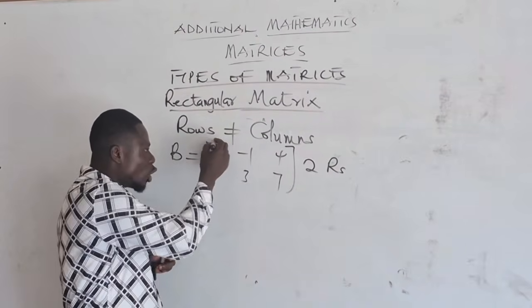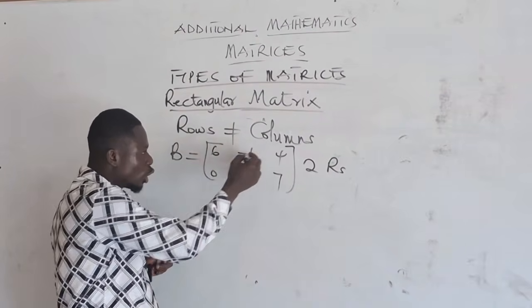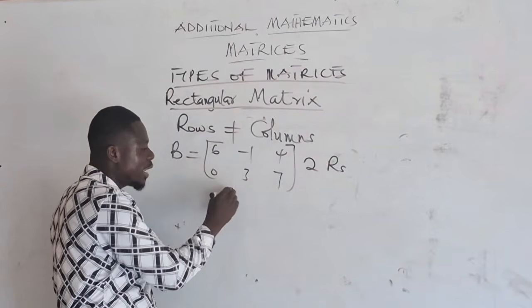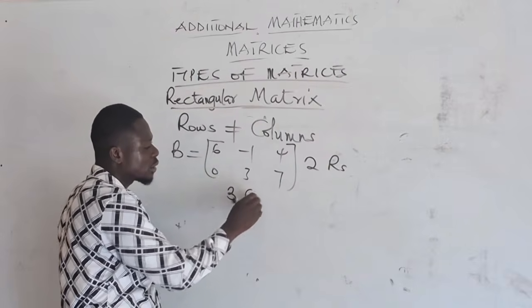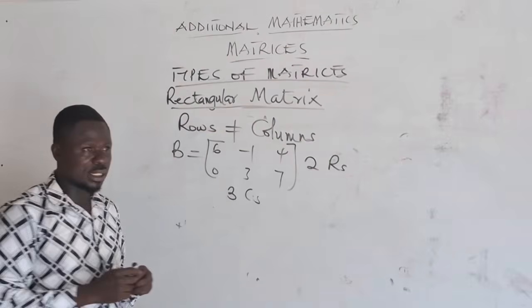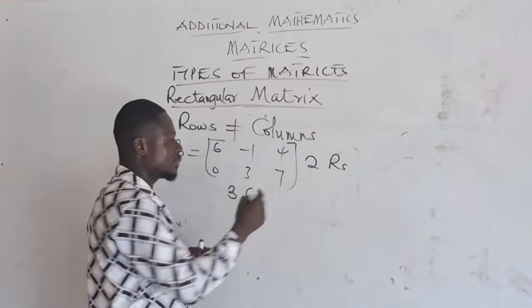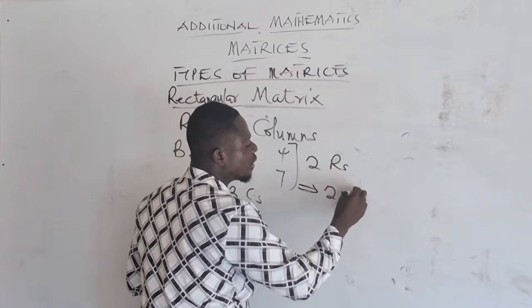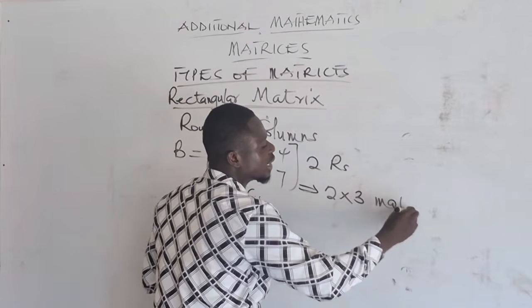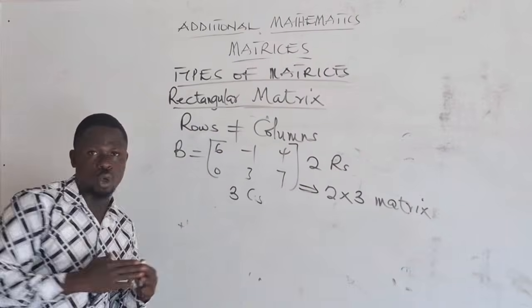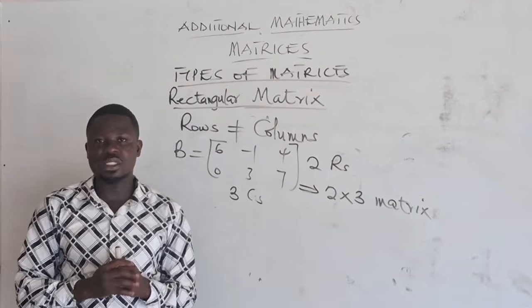We have column 1, column 2, column 3. So we have 3 columns. It means that in this matrix, we will name it a 2 by 3 matrix. Why? Because there are 2 rows and 3 columns.